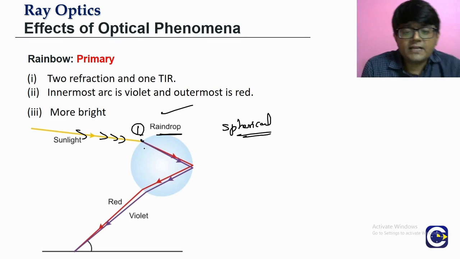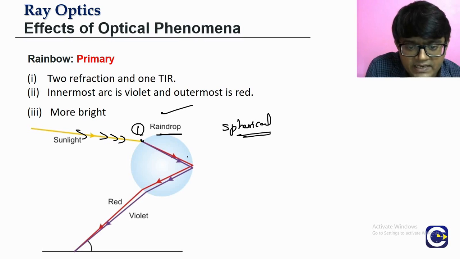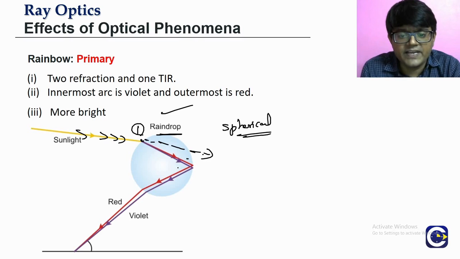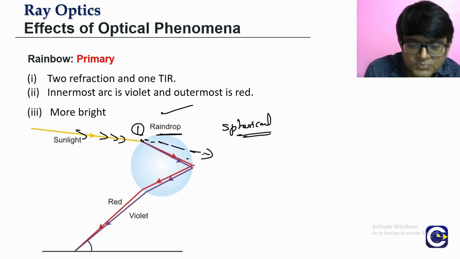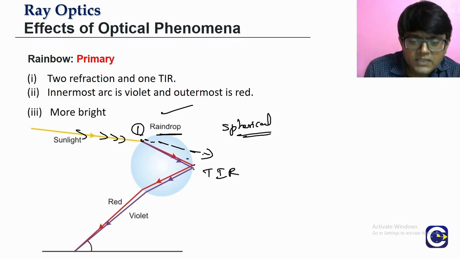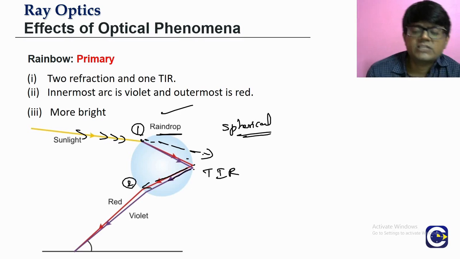Remember, when there is a refraction, violet will get maximum deviated and red will get least deviated. So you see here, red is least deviated from the original path, violet is maximum deviated. It will be incident here, and this is the total internal reflection. Then red will come along like this, violet will go like this. This is the second refraction.